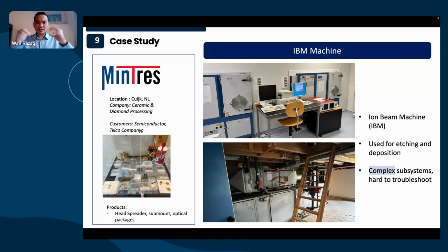There are subsystems for the neutralizer of the ion, and there's also a subsystem for holding the materials. There's also a subsystem for cooling, a subsystem for vacuum, and so on. So this is complex, and that is why the approach of using a knowledge graph and LLMs is in line with this. Because the machine is complex, we need to model the complexity of the machine using a knowledge graph. So that is why this approach is really good.